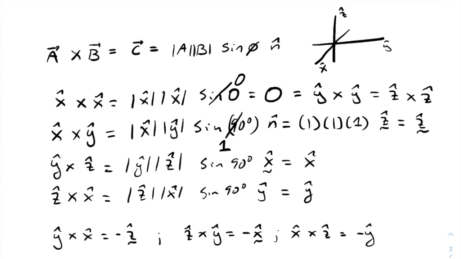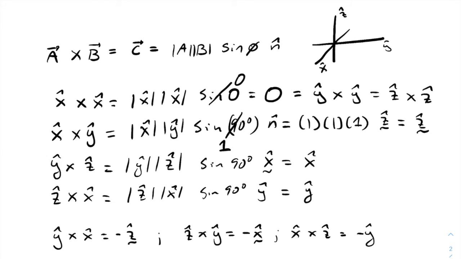Then for the unit vector z times the unit vector x, we have the magnitudes of both vectors times the sine of 90 degrees again, and using the right-hand rule, we see that the direction is the unit vector y. So the cross product of z times x is equal to the unit vector y.